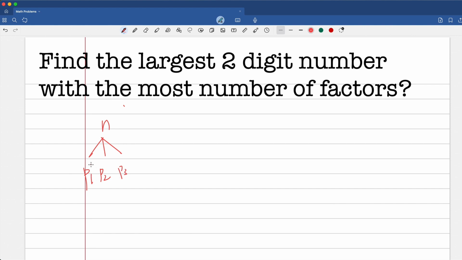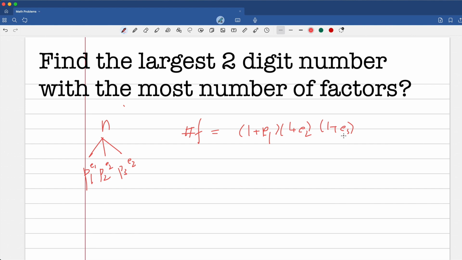And usually they have some kind of an exponent like E1, E2, E3. Then the number of factors is given as the product of (1 plus E1) times (1 plus E2) times (1 plus E3). So this is what we looked at last time.